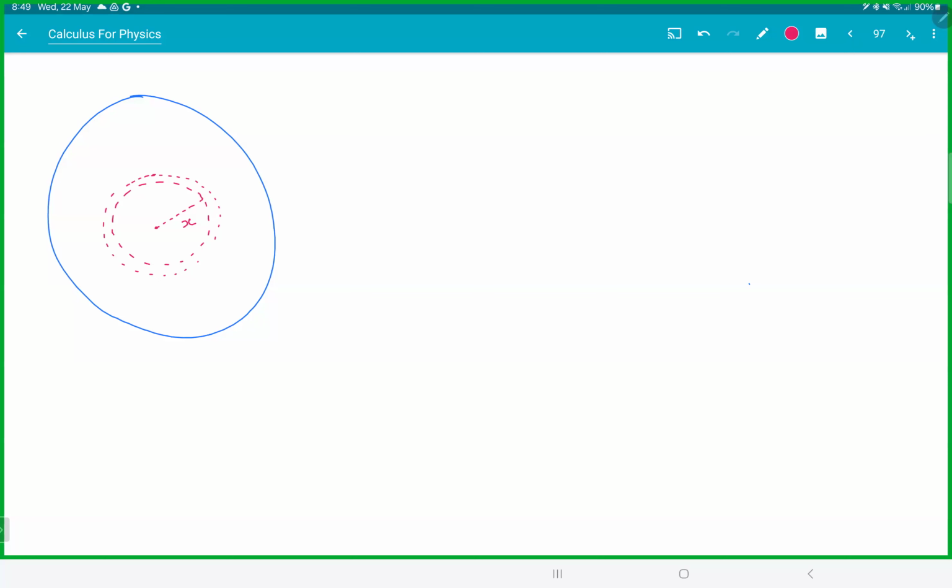Okay. So we take a thin ring of thickness dx. What you have is a ring like this of radius x and thickness dx.